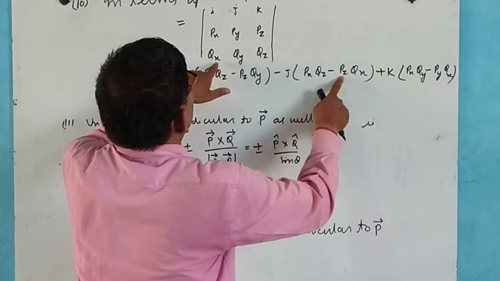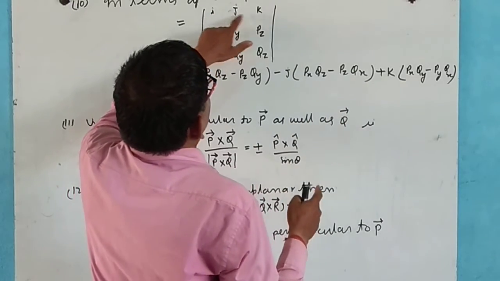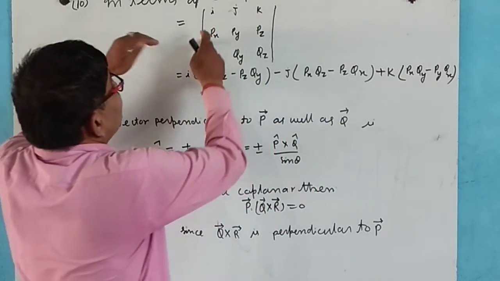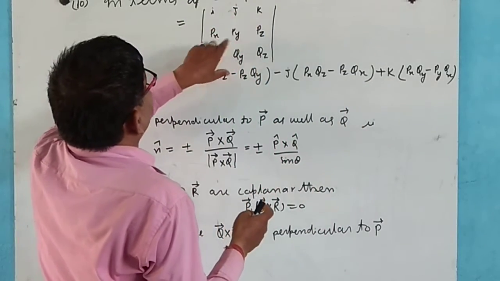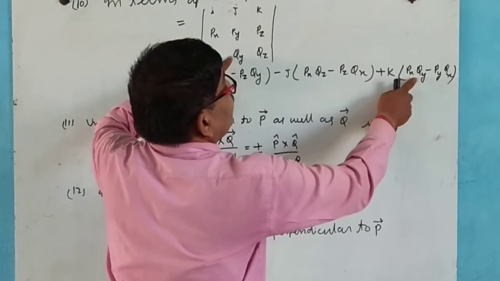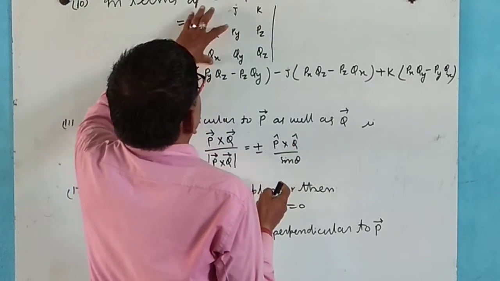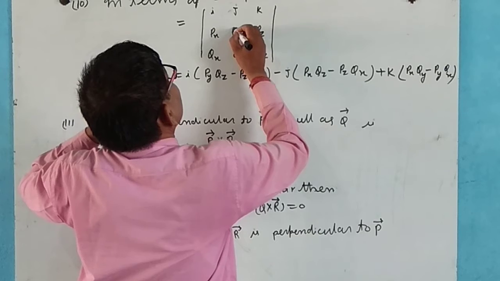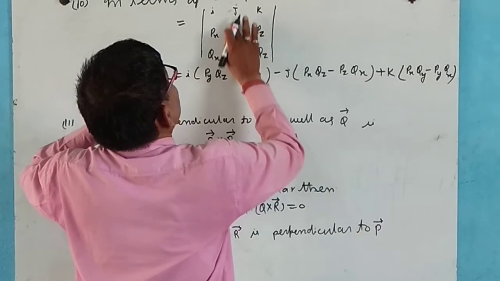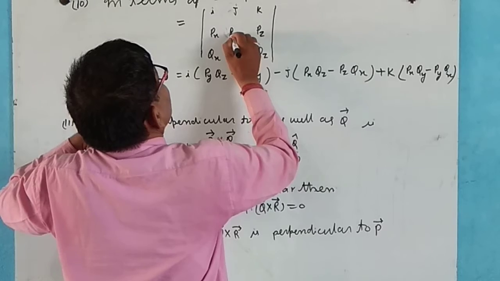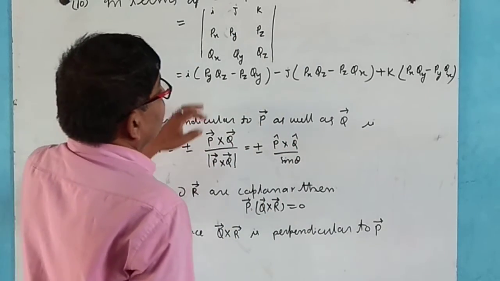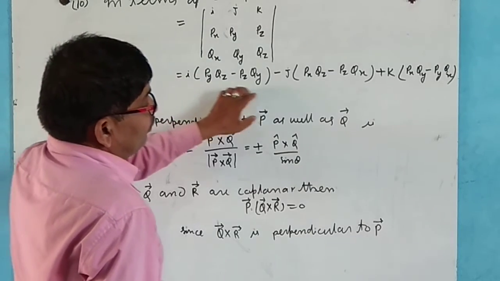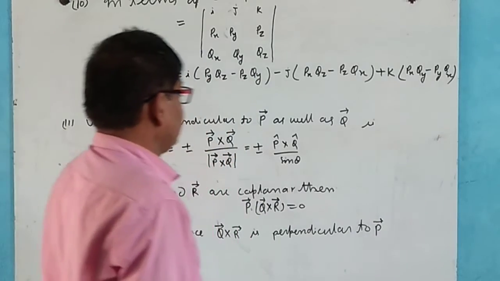Plus k, remove these, only four terms remain: Px Qy minus Qx Py. So it can be written in component form with i, j and k.